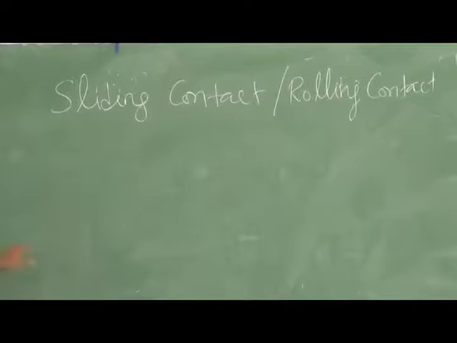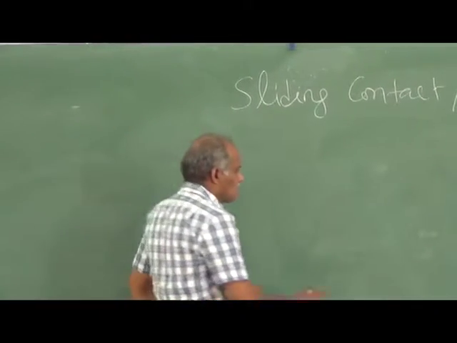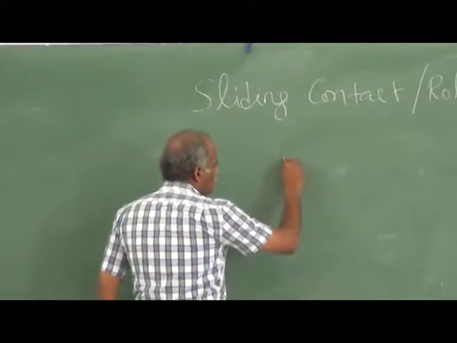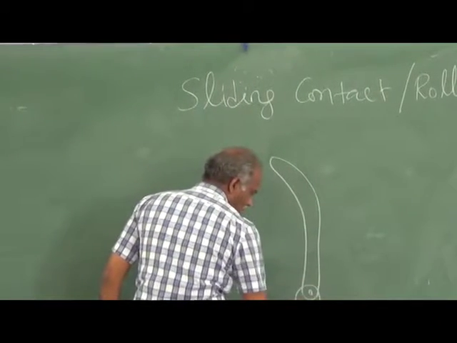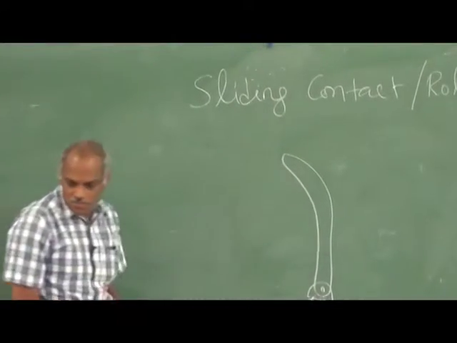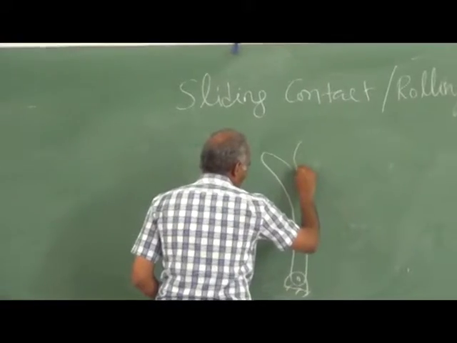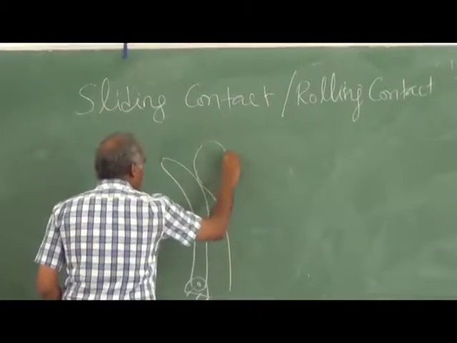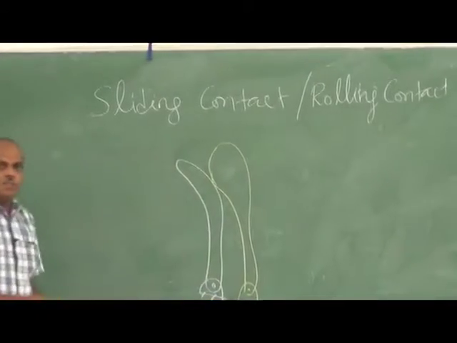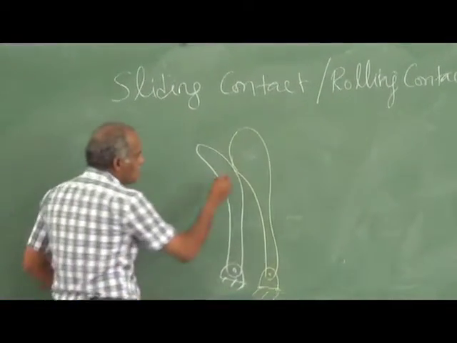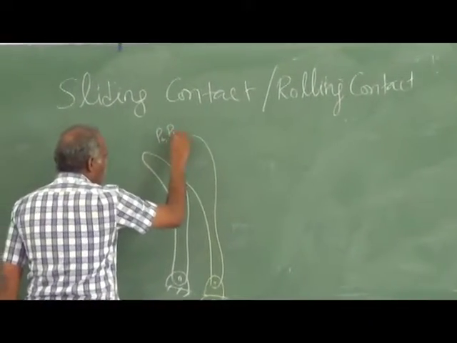So we have seen in the direct contact mechanism, if you take two rigid bodies that are in contact, the contact is taking place at the point P2 and P4.